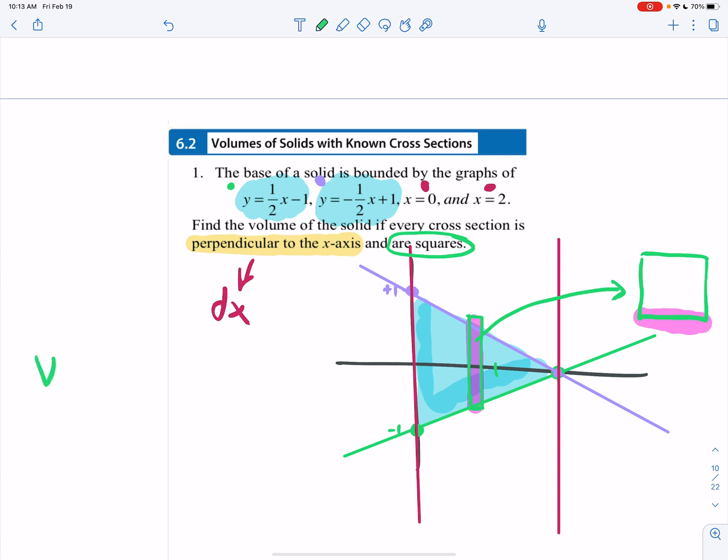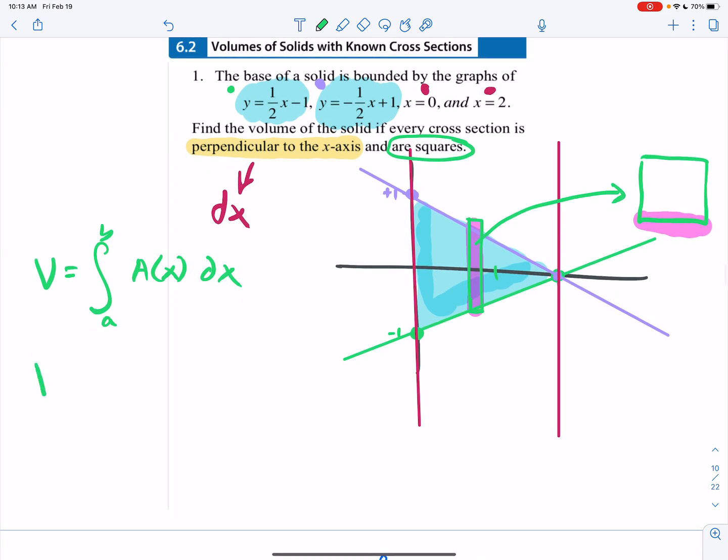Okay, so here we go. V will equal the integral from a to b of the area of your base dx. Your region starts from 0 all the way to 2 because that's where your region starts and stops, okay?